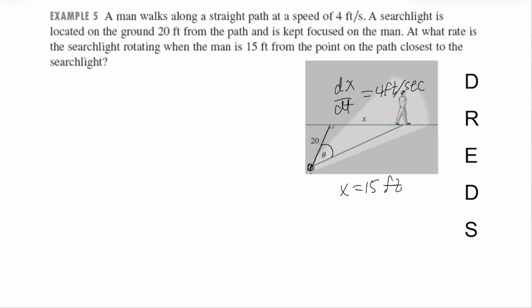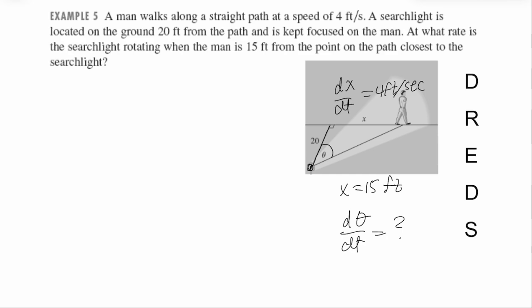So let's think about everything we know. We want to find at what rate the searchlight is rotating, so we want d theta dt. That angle is getting bigger because we're rotating from that initial point and then following him, so we should expect a positive number.